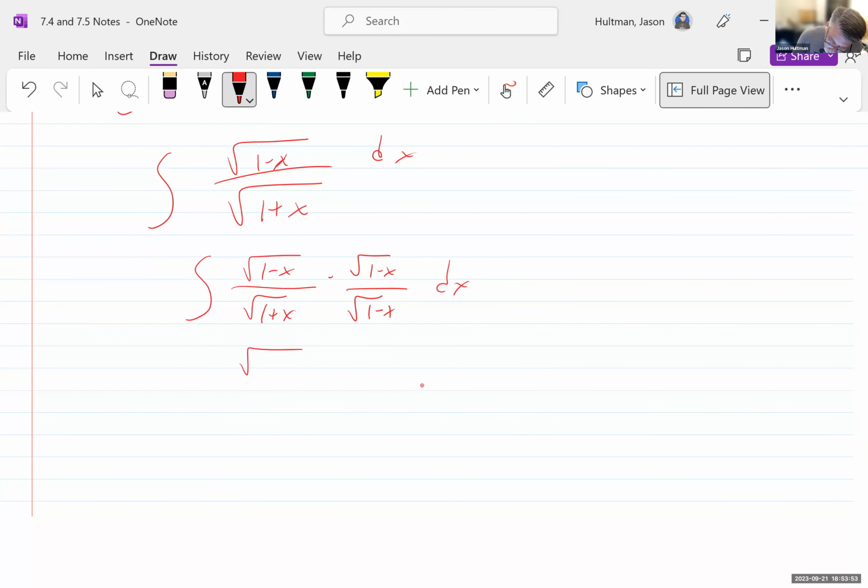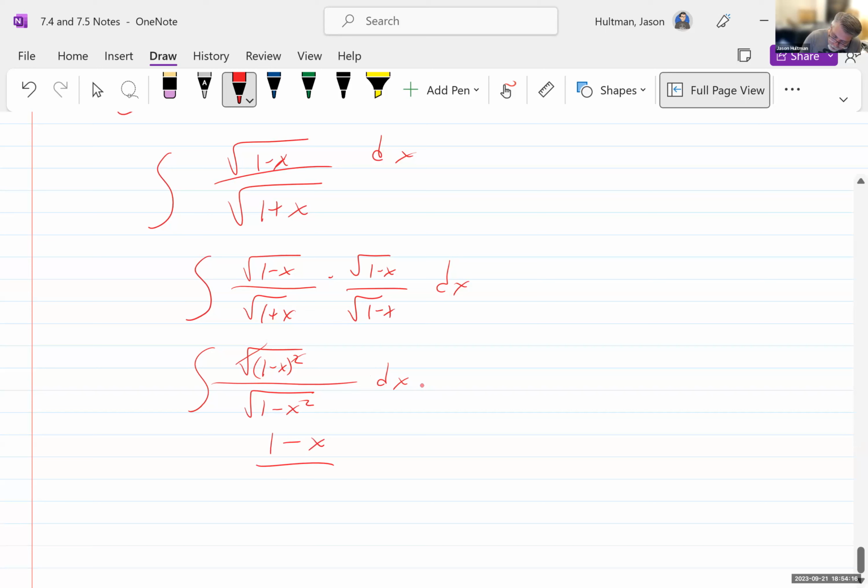This allows me to do the square root of 1 minus x quantity squared all over the square root of 1 minus x squared, difference of two squares. So that cancels. So that's just 1 minus x over the square root of 1 minus x squared.